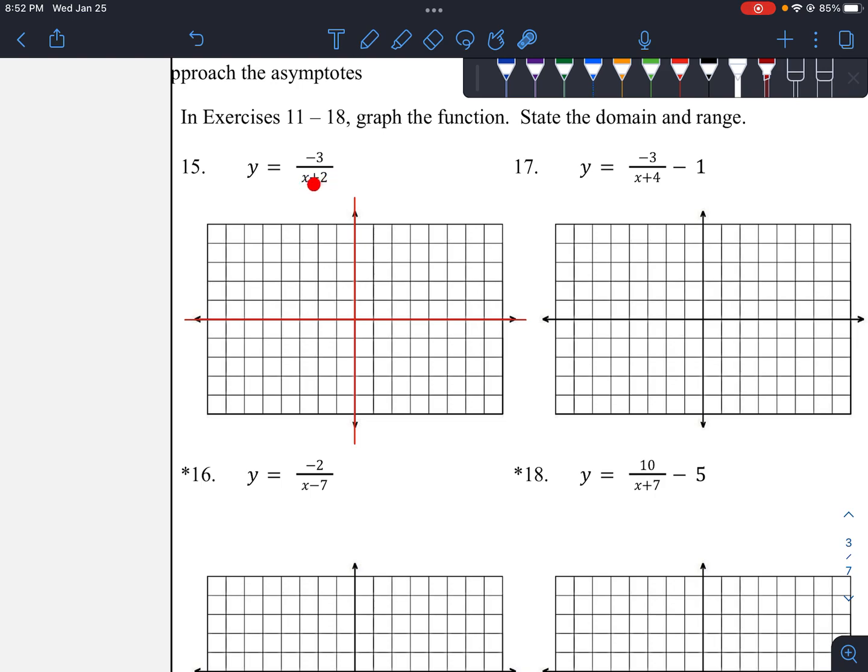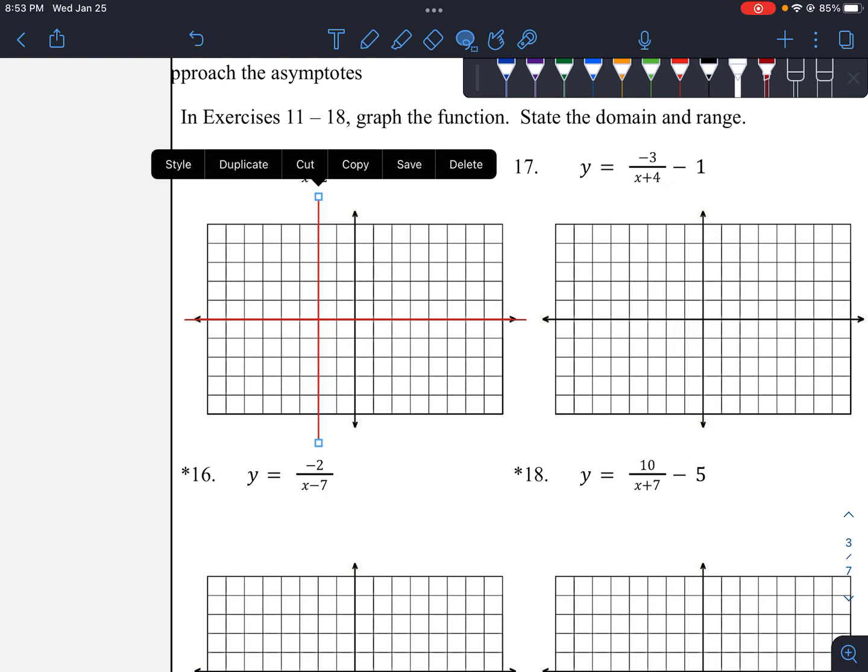So x plus 2 is a shift in the left direction, left 2. Now, that won't affect this horizontal asymptote. I can't move this to the left because it's just going to remain horizontal, but I can move this to the left, and that will change. So 1, 2. My asymptote is going to be moved over in that direction 2 units. Okay.